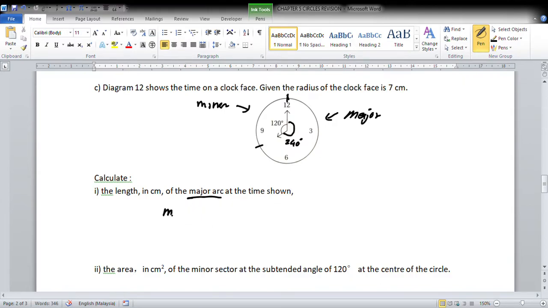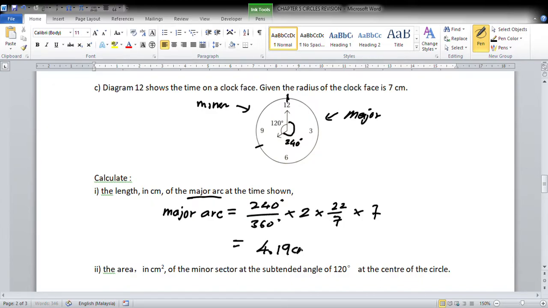Major arc is 240 degree over 360 times the arc formula, 2 pi r, pi, and the r is 7. You can simplify before you do calculations, and after you calculate you get the answer 4.19 centimeter.